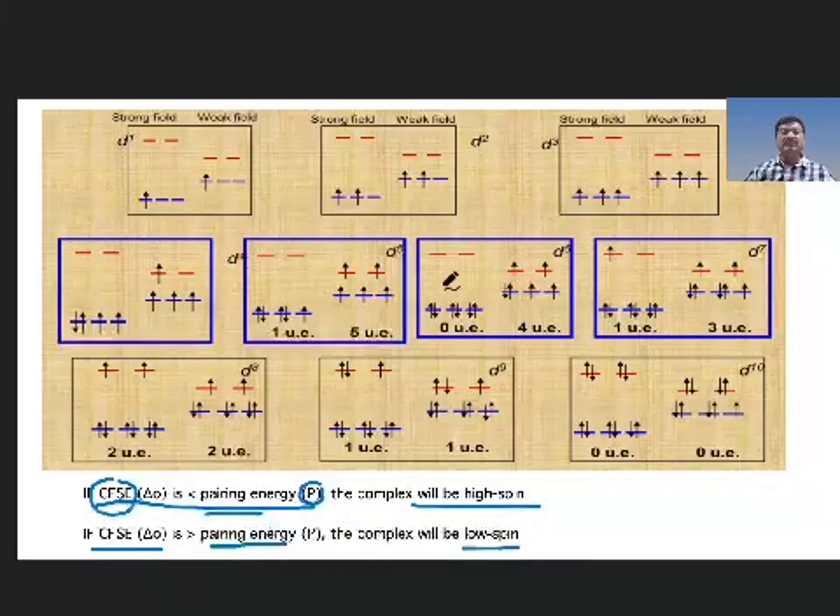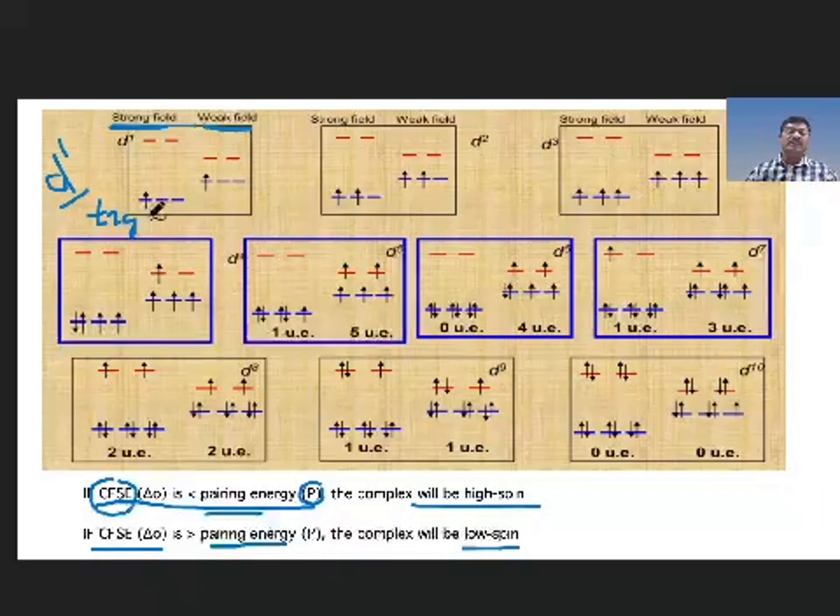To understand this, let us look at different electronic configurations and their electron filling in strong field and weak field compounds. First, let us take the d1 electronic configuration. If the central metal ion has a d1 configuration, in both strong field and weak field, the electron goes to the t2g level, which is the lower energy. This is the strong field one and this is the weak field one.